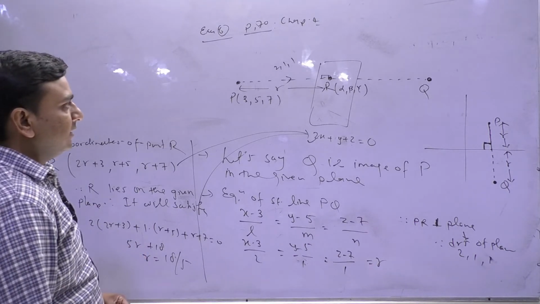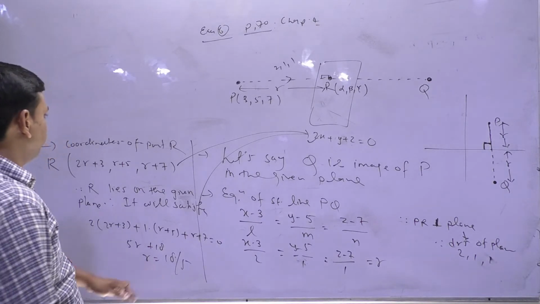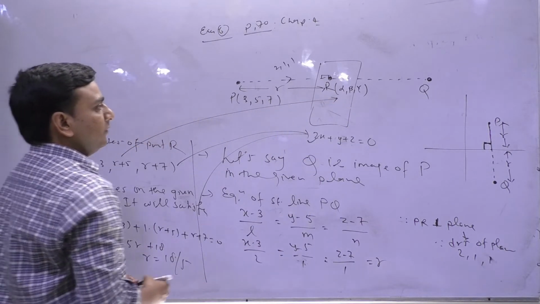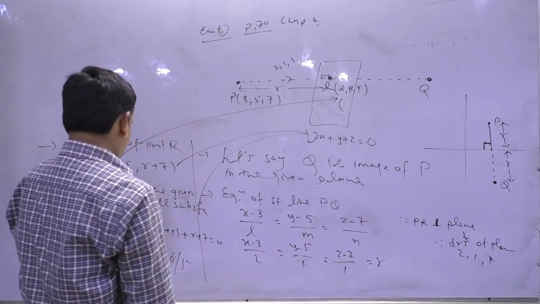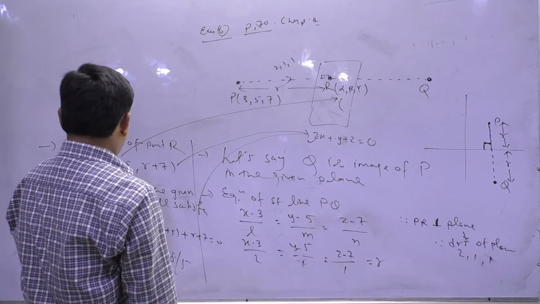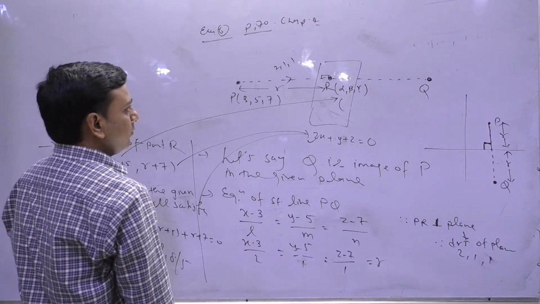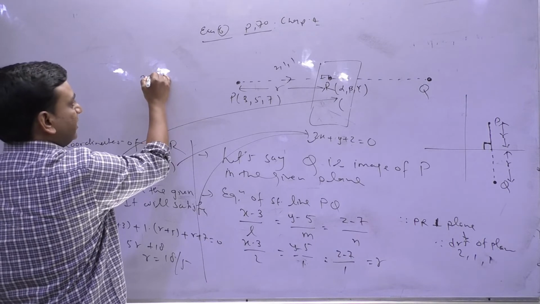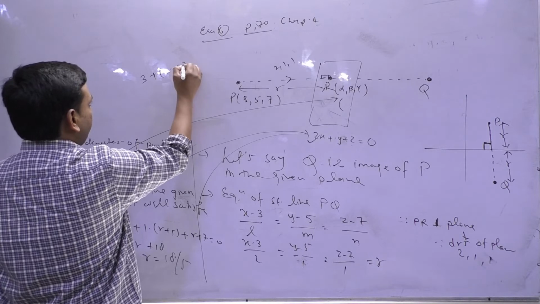So if I get the value of small r, I can write the coordinates of this point. Why am I doing this? Because in the book they have written the coordinates as 3 plus 2r, plus 3. ठीक है?